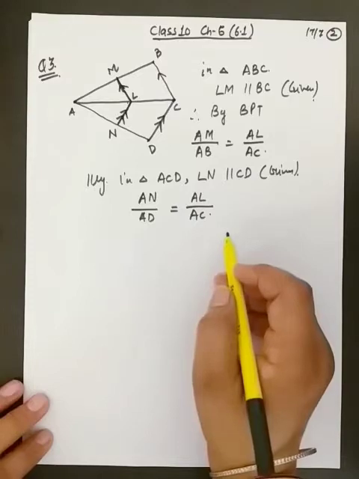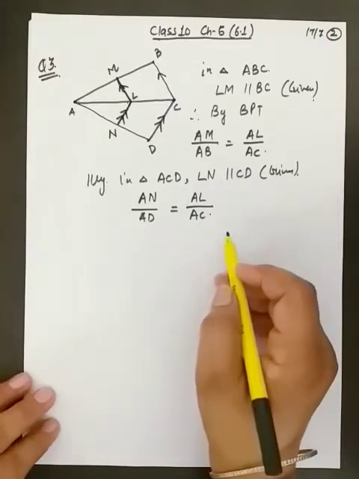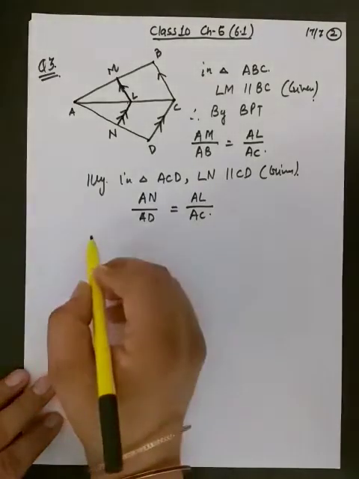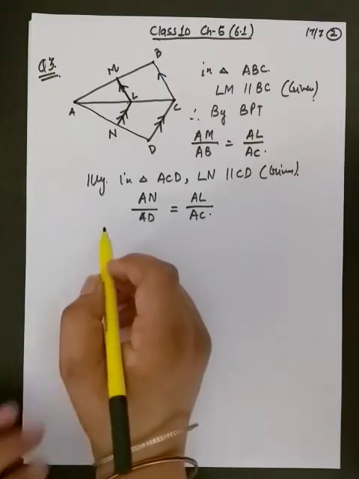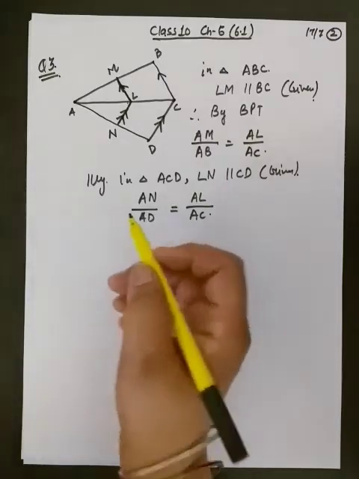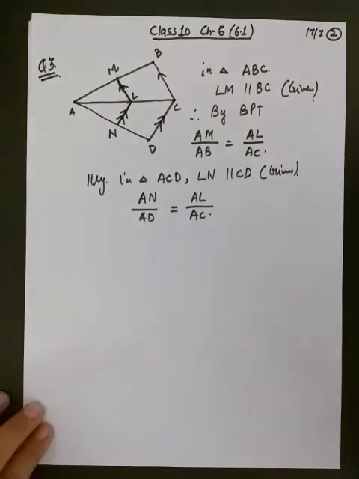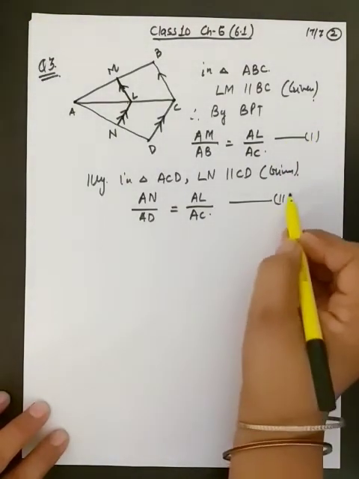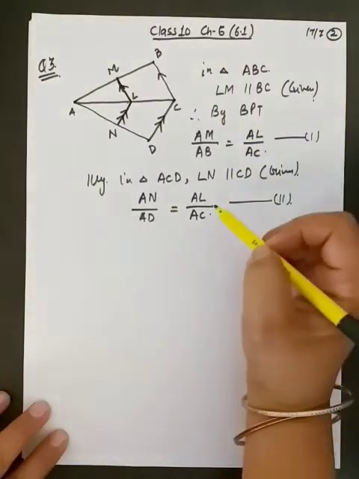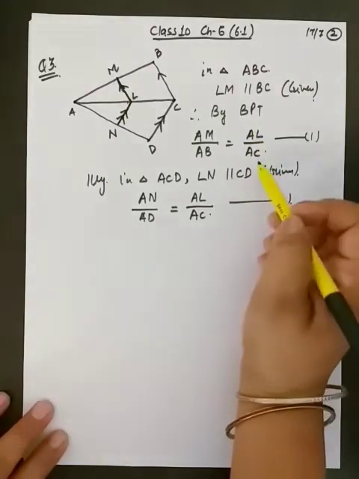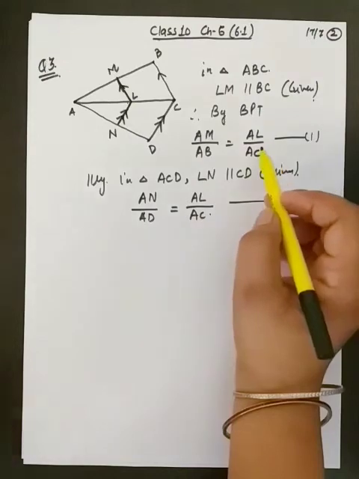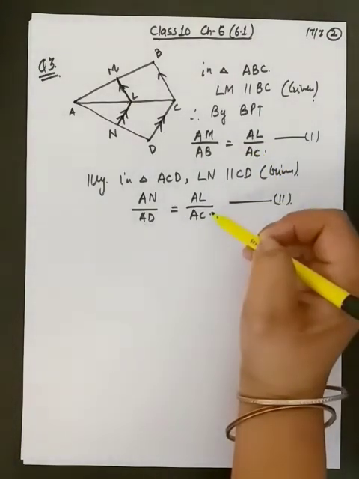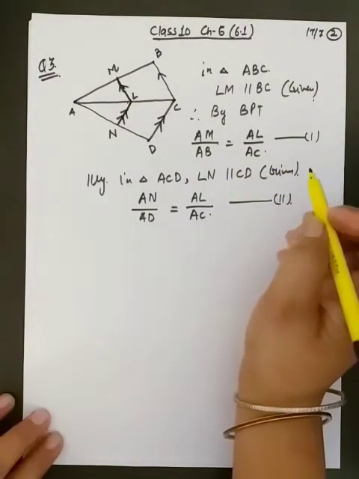Now from equation 1 and 2, this is equation number 1 and this is equation number 2. You can see in both of the equations AL/AC is the same, and we know things which are equal to the same thing are equal to one another.